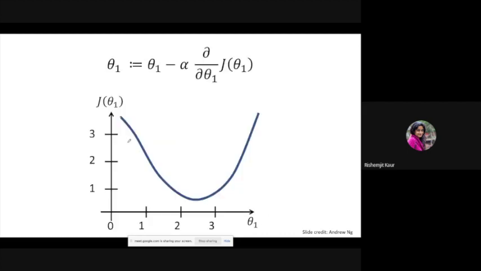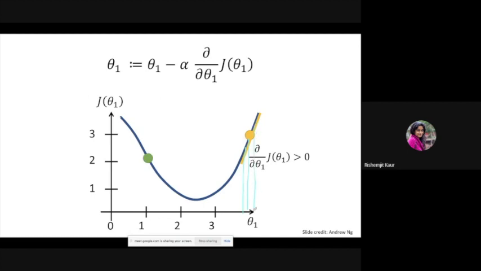So let's once again see this gradient descent algorithm. Let's say we start at this point. Then we look at the slope. What will be the slope at this point, which is generally found by taking a small increment in the value of theta? We generally do it in both directions.